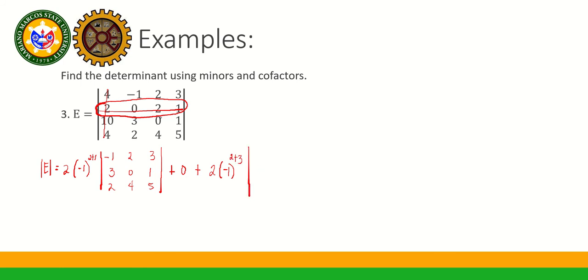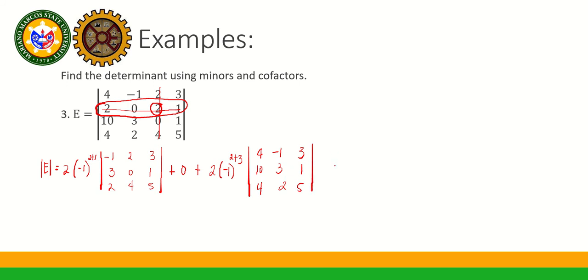And then, matrix na matitira will be, okay, so erase ko to. So, we selected si 2. So, yan, matatanggal ito. So, you will be left with 4, negative 1, 3. Tapos, 10, 3, 1, and then 4, 2, and then 5.